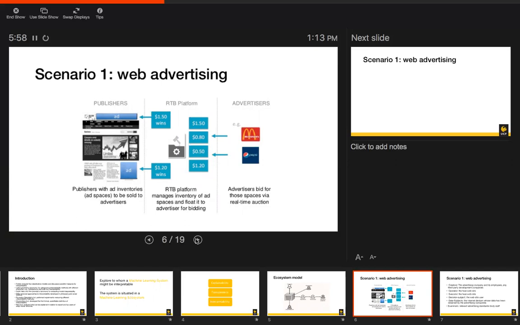Advertisers have their own machine learning model based on the user data. They can make decisions on how much to bid for this spot. Then the advertiser who has the highest price will get the spot finally. So in this machine learning system, there are web publishers, advertisers, and users.